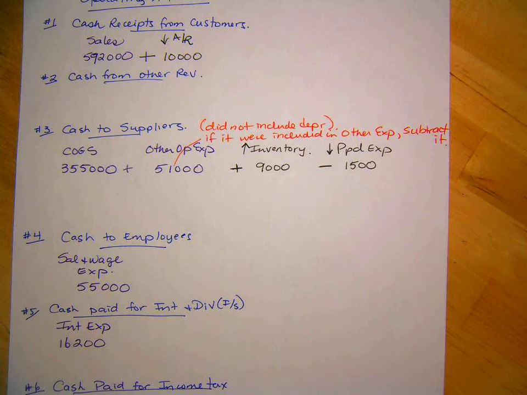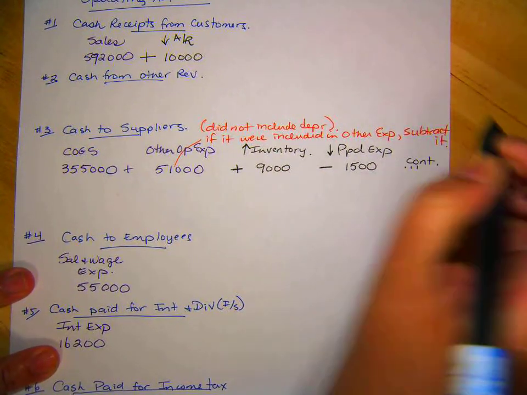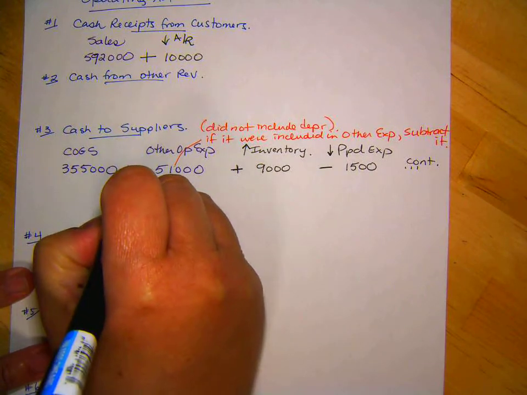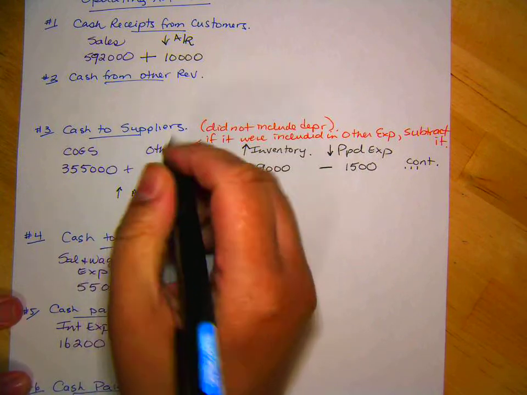Okay, now we're down to the current liabilities. Accounts payable. Accounts payable, we said it goes in section 3, and so I'm just going to continue it down here. So accounts payable went up by 10,900.